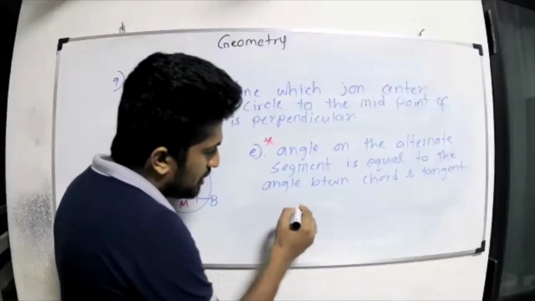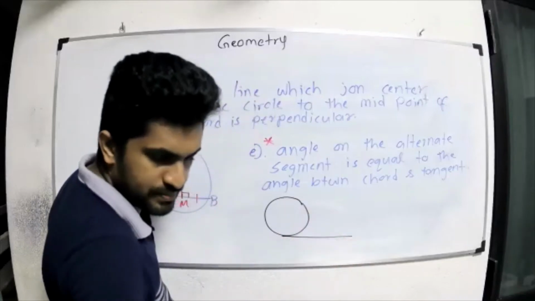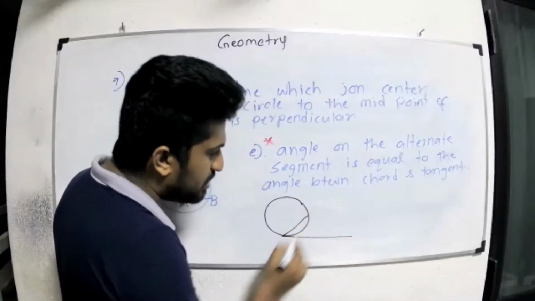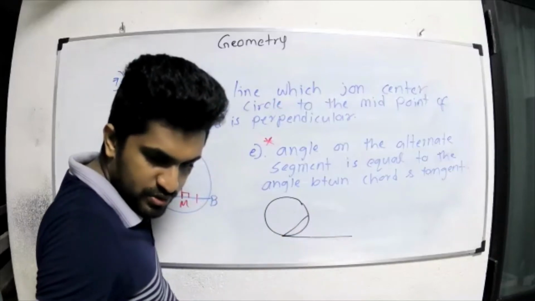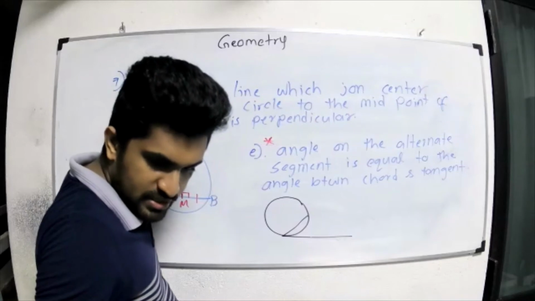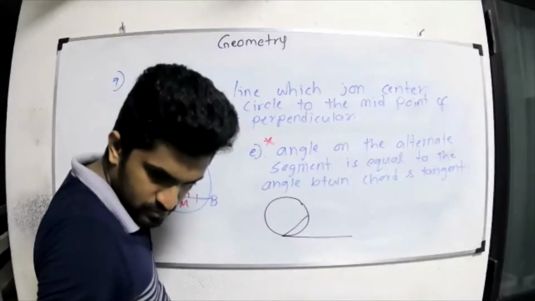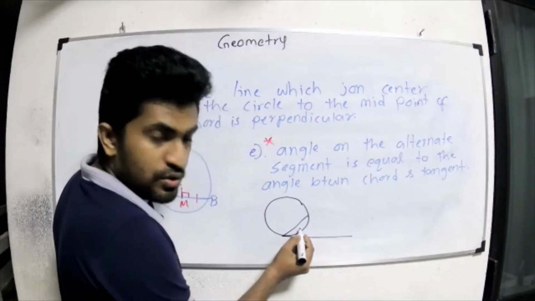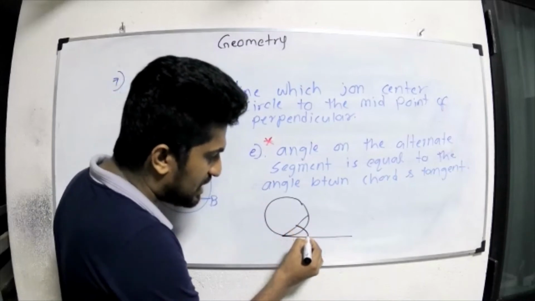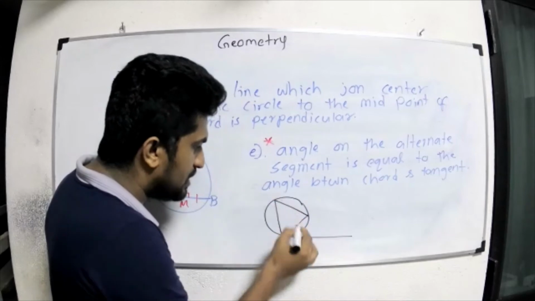Okay, there is a circle. This is a tangent. This is the chord drawn to that point of tangent. Now here you can see a chord and tangent both. With the chord and the tangent, this angle is equal to the angle, if I draw a kind of triangle here.